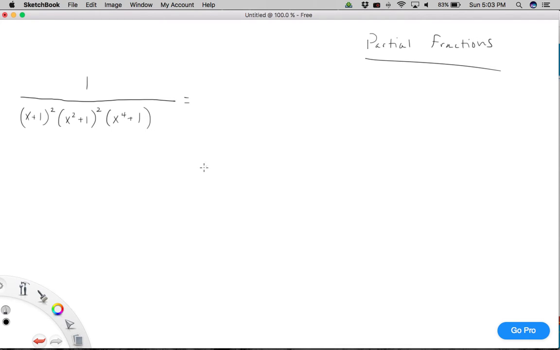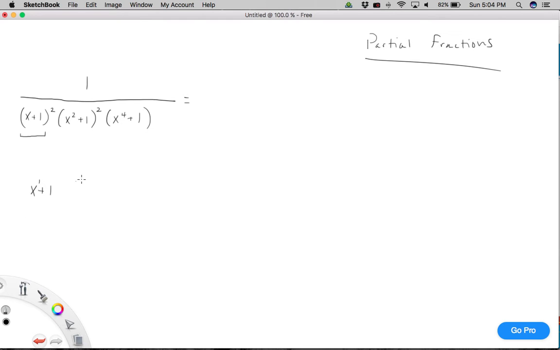Okay, so when you're trying to figure out what's going to go on the right-hand side of the equals, in other words, what fractions you are trying to decompose this giant fraction into, you need to look at your linear factors here. And by linear, I mean x plus 1, the x is to the first power.